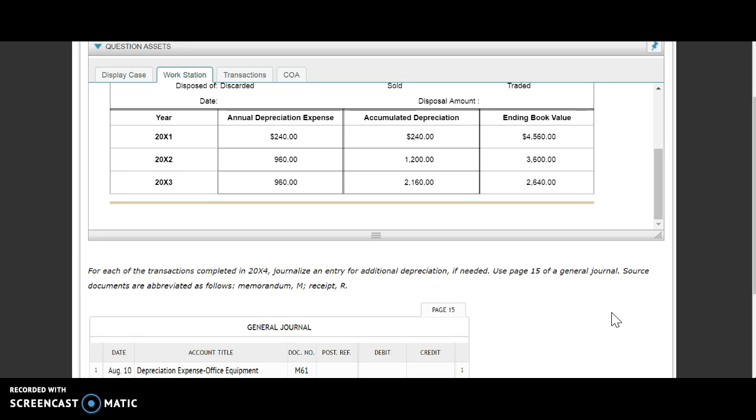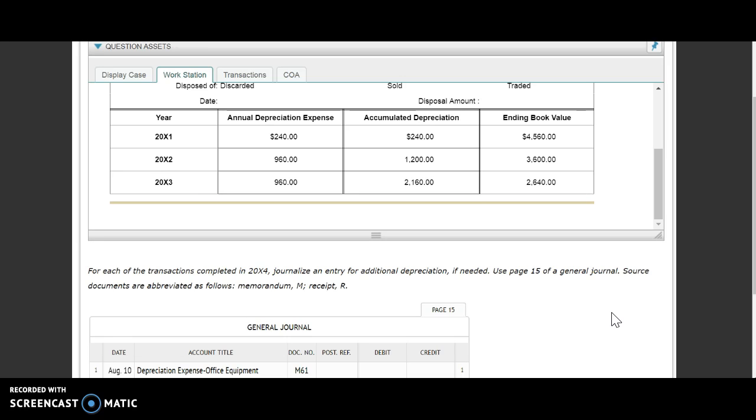So we're not going to depreciate it for the month of August because we didn't own it for half of that month. Okay, so we're only going to depreciate through July. So January, February, March, April, May, June, July. That is 7 months of depreciation. So we're going to figure out $960 a year that it depreciates divided by 12 months.